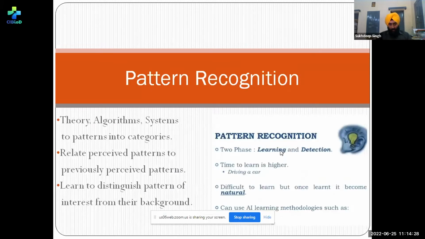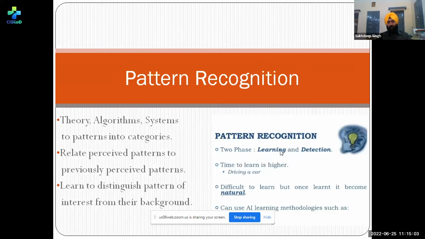So pattern recognition uses various algorithms, statistical models, or systems to recognize unknown patterns. Pattern recognition works in two phases. The first one is learning, also called training, and the second one is testing or detection. Like when we learn to drive a car, it takes a lot of time, but with the passage of time, that thing becomes natural.